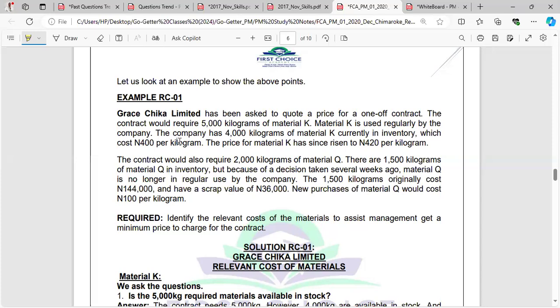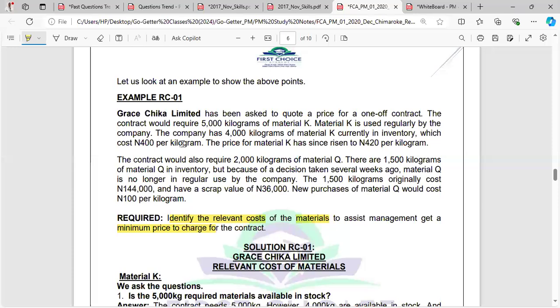So I will go to the requirements now, and I will attack the question from the requirements. Required, identify the relevant costs of materials to assist management get the minimum price to charge for the contract.